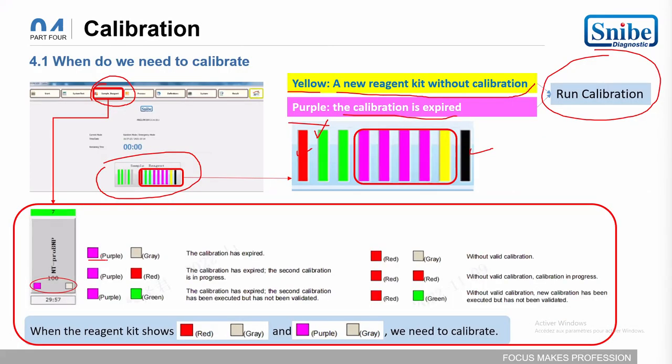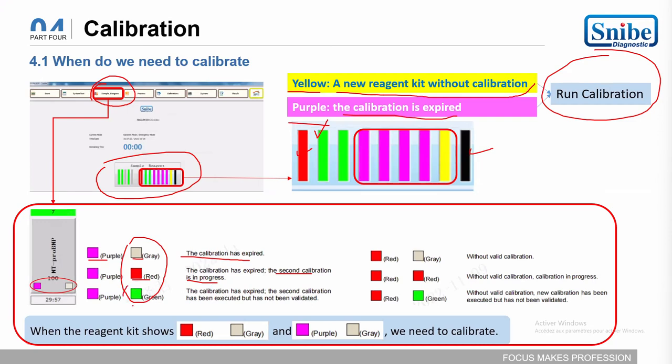So if the left square is purple, then it depends on the right square. If it's gray, it means the calibration has expired. If the right one is red, the calibration has expired, and there is a second calibration on board that is ongoing, that is running.